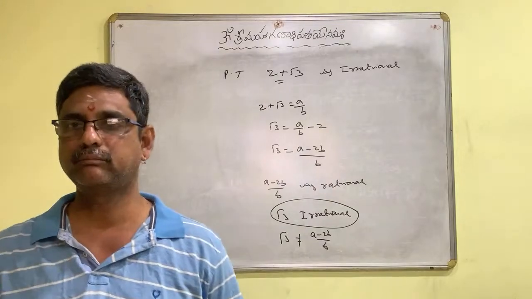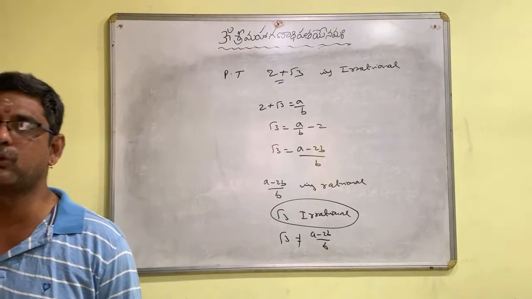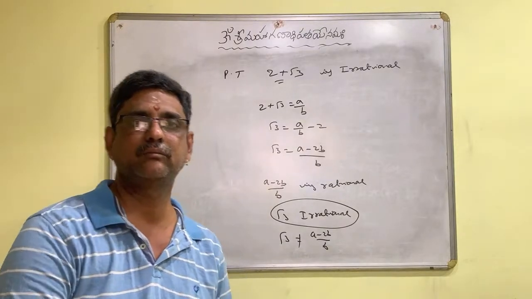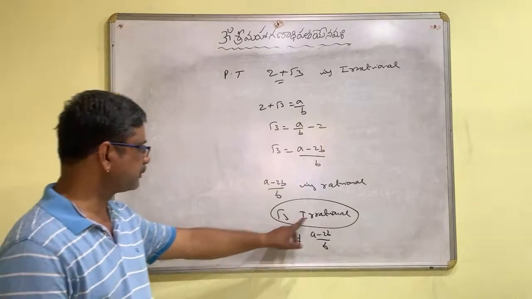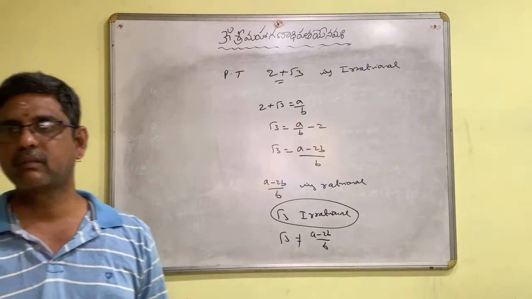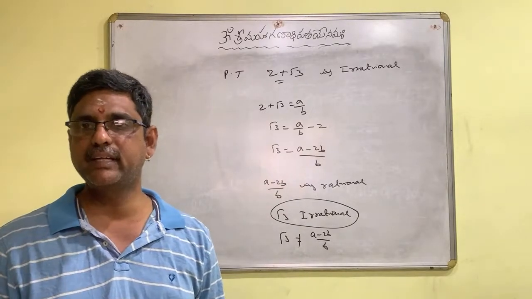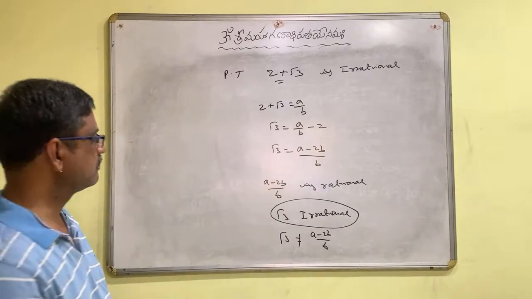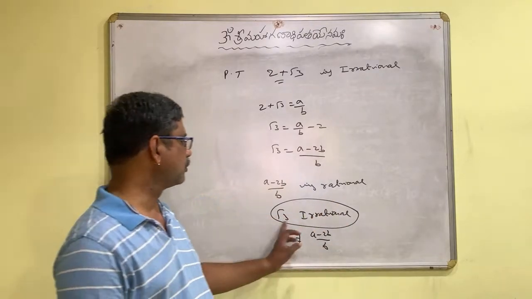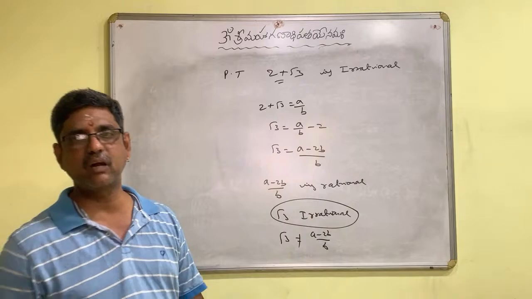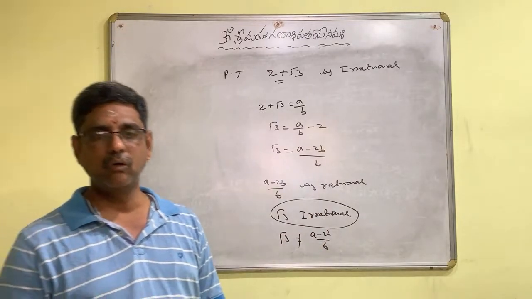See the problem. It is not given that root 3 is irrational. Then how can you take it here? Root 3 is irrational, we cannot take that. Is that right, children? It is not given, so how can you take root 3 as irrational?